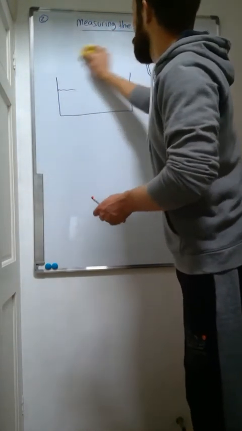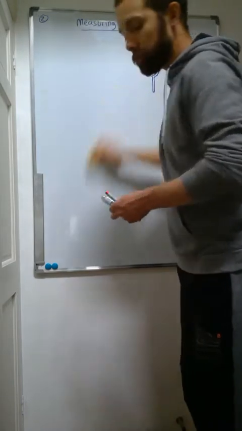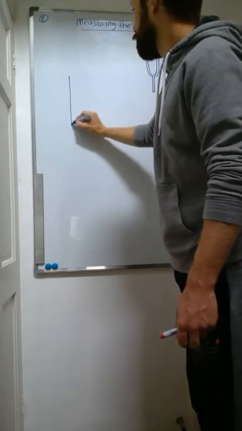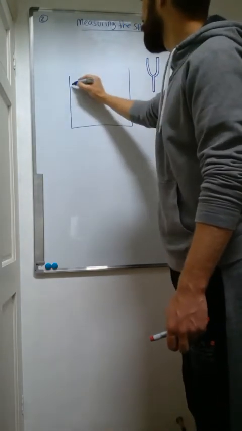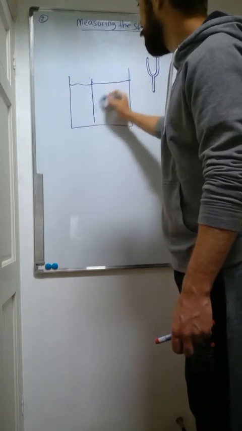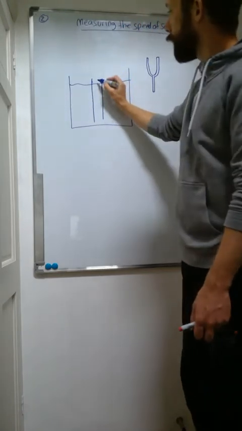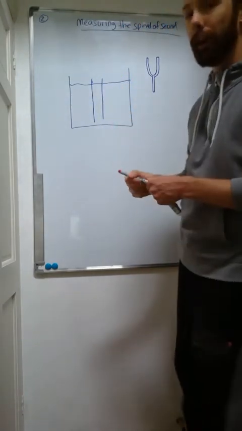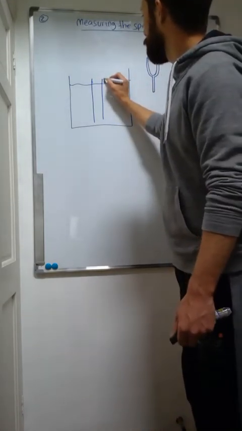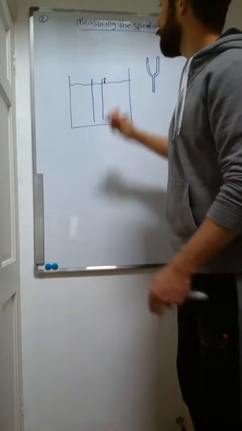Let's just redraw this so it's a little bit easier for us to do. So I'm going to draw a big tall thing here. You could start with the tube like this, where you've got a very, very small value of L. I should call it L really, I don't know what they call it in the PAG thing I've got in front of me.